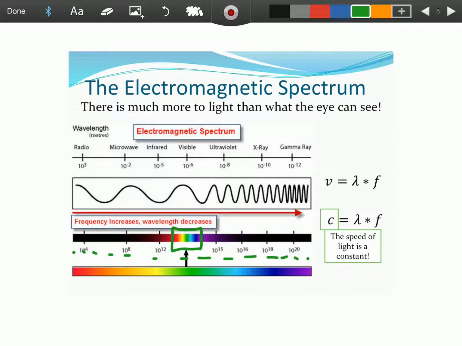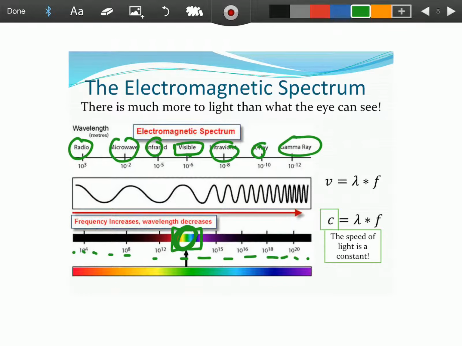Anyways, all we see is the visible part of the spectrum, but there's so much more to light than just that, right? You have radio waves, microwaves, infrared, visible, ultraviolet, X-rays, gamma rays. They're all light. They're the exact same thing.